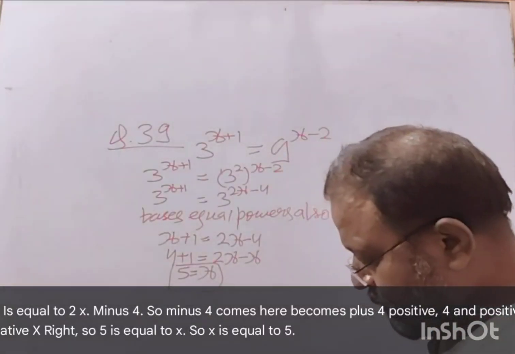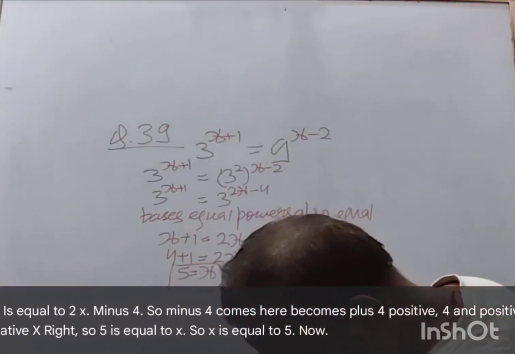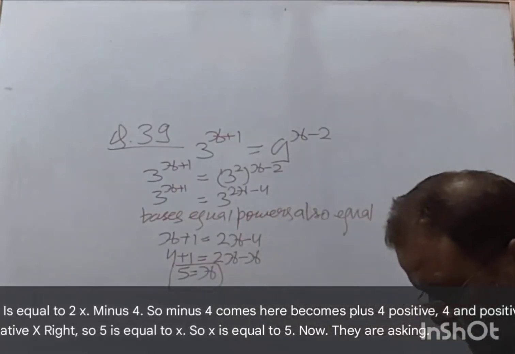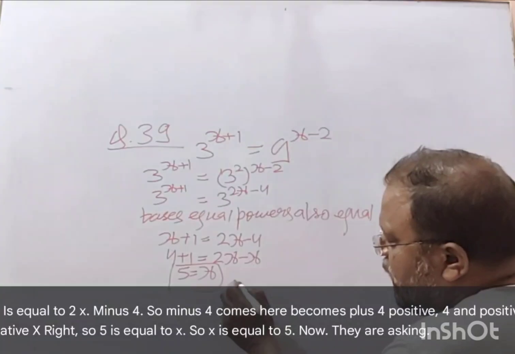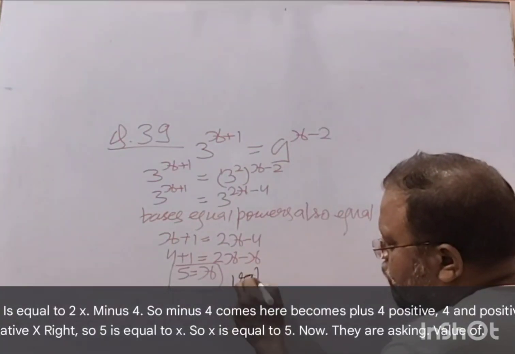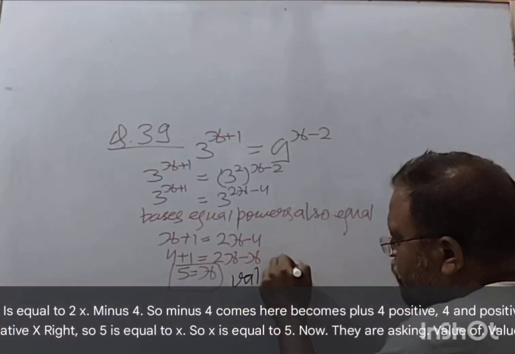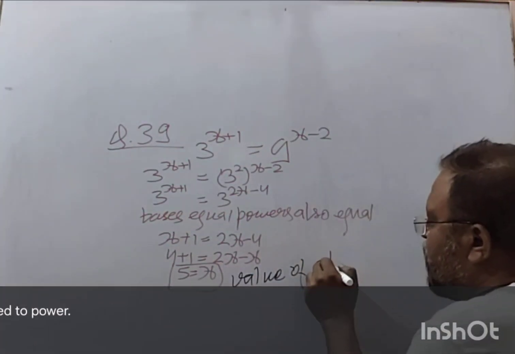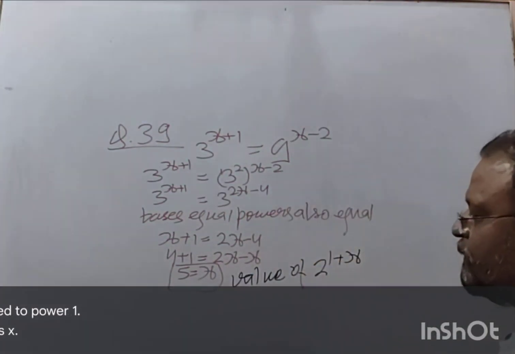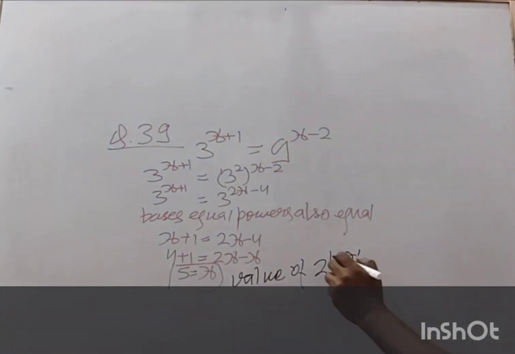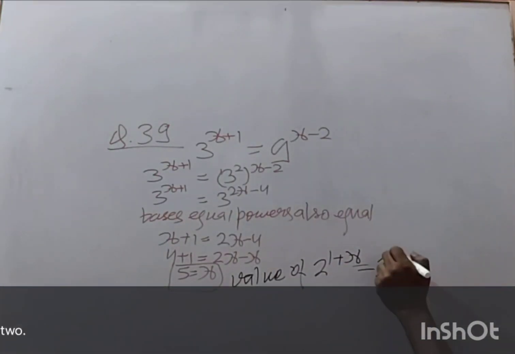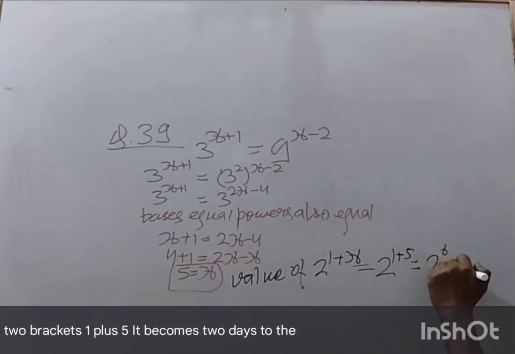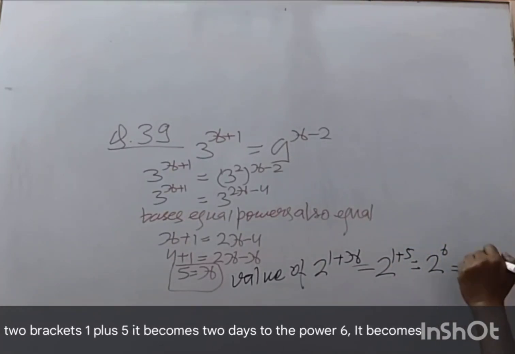Now they are asking the value of 2 raised to the power 1 plus x. So you write here 2 raised to the power bracket 1 plus 5. It becomes 2 raised to the power 6. It becomes 64.